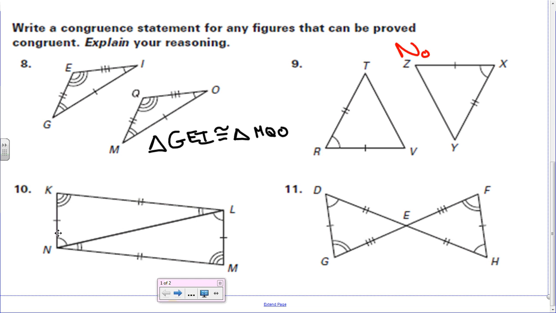Okay, number 10. KN is congruent to LM. NM is congruent to KL. We have this line LN. Now, since LN is in both triangles, the reflexive property says that it's got to be the same as itself. Now, if you look at all the angles, those are also congruent. So you can do triangle KLN.